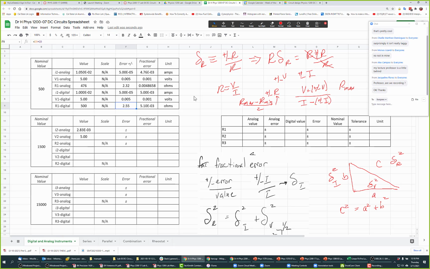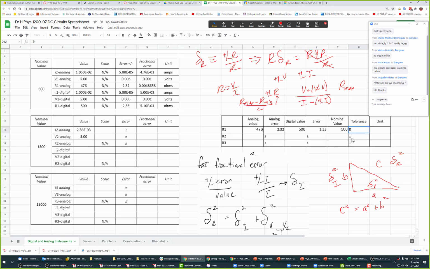So you're to do the rest of your analysis. For example, the analog value is 476, and the plus minus is 2.32. The digital is 500, the plus minus is 2.55. The nominal is 500. The tolerance is 0, really.